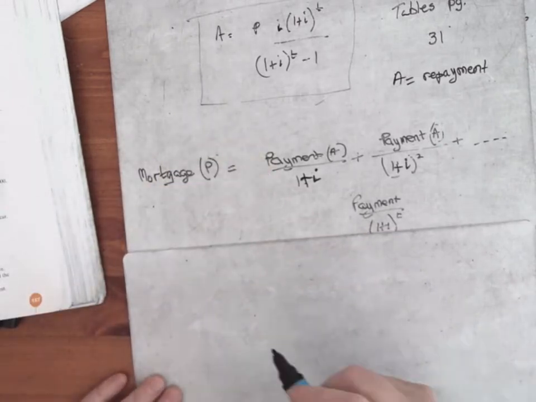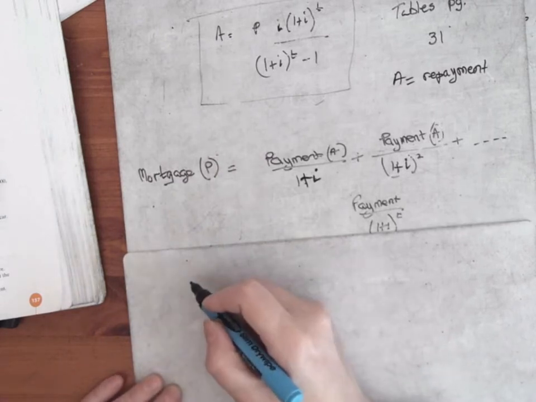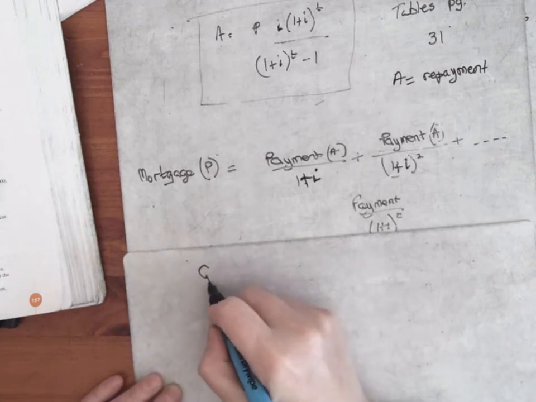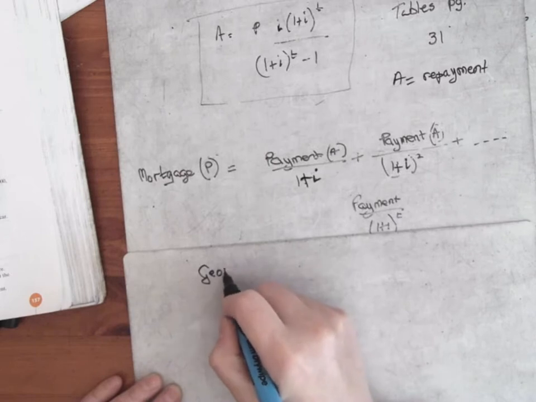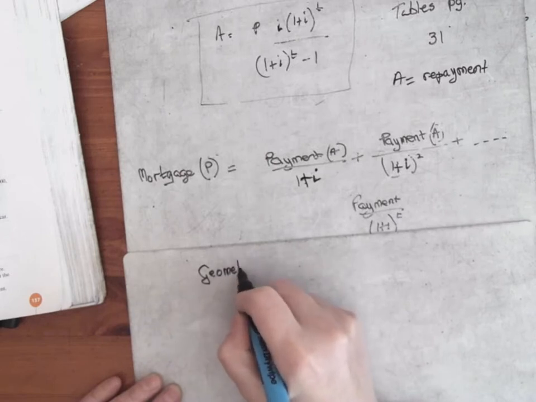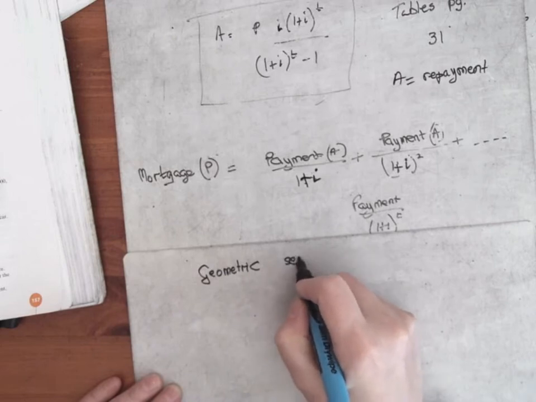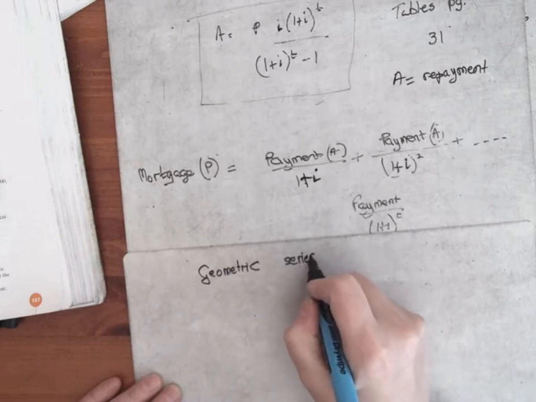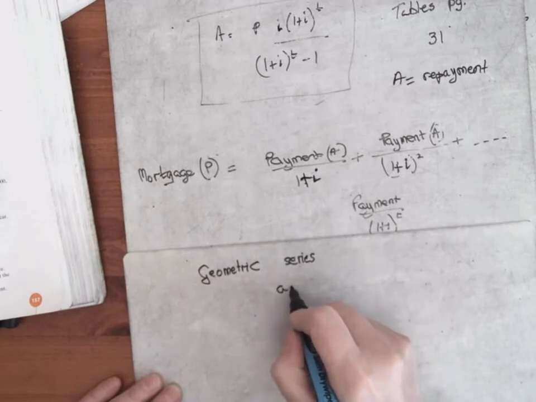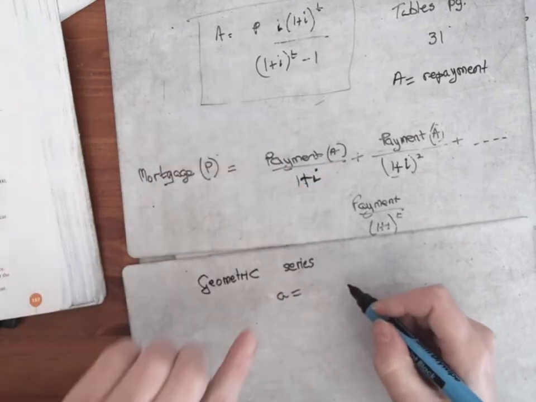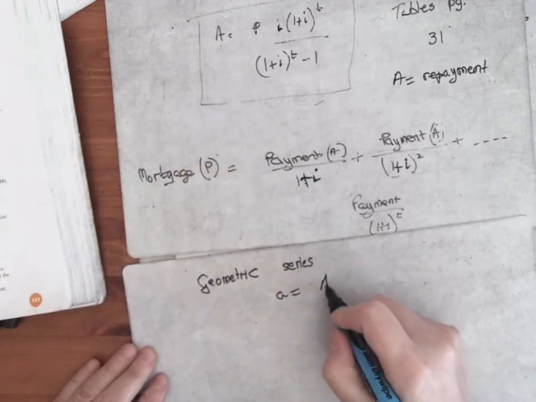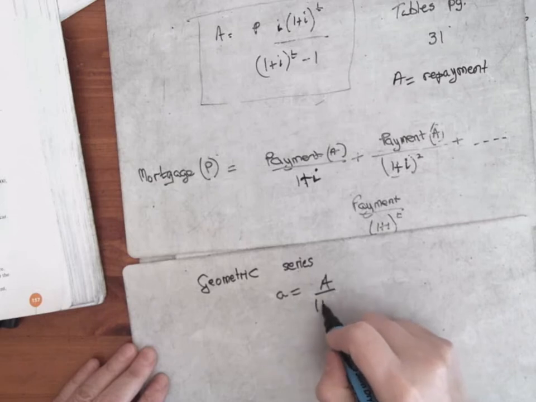That's a geometric series, where A is the first term. The payment is A, it probably should be repayment, your monthly payment.